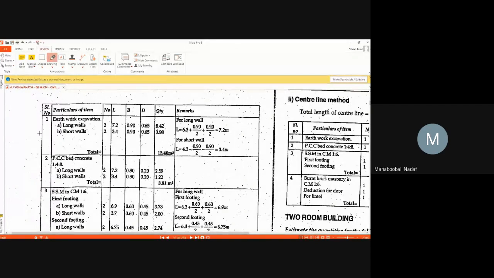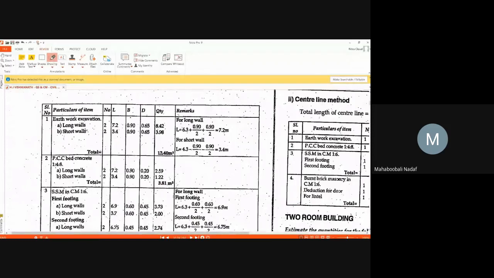See here. The long wall distance is obtained by the initially calculated center to center distance plus half of the width on one side plus half of the width on the other side. What width should you take? The width of that item.